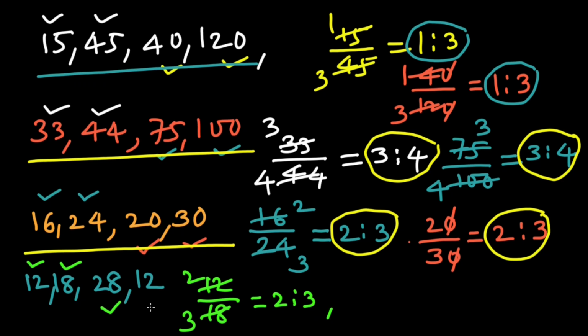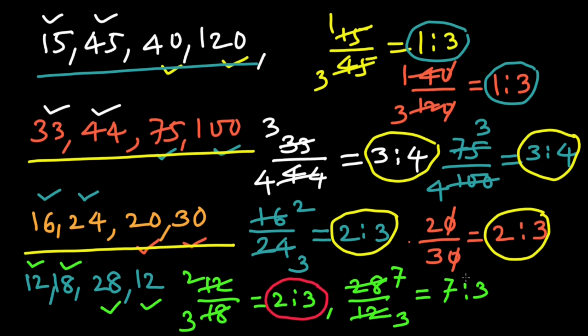And the ratio of 28 and 12 will be 4 threes are 12 and 4 sevens are 28, which will be 7 ratio 3. Since 2 ratio 3 is not equal to 7 ratio 3, the numbers 12, 18, 28 and 12 are not in proportion.